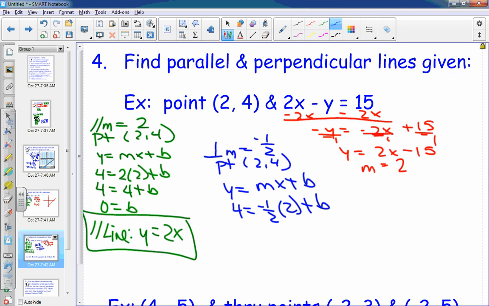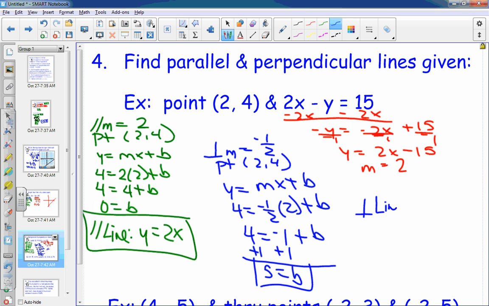So in this case, it's going to be negative 1. Add the 1. And I have 5 is equal to b. So if I have 5 is equal to b, what is my perpendicular line? Negative 1/2 x plus 5. Do we get that?